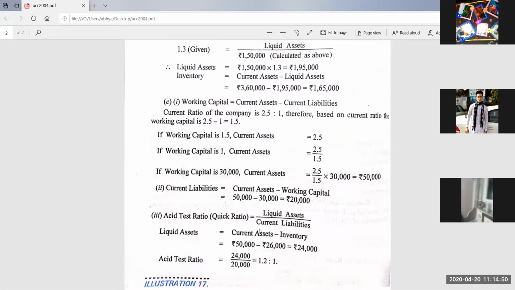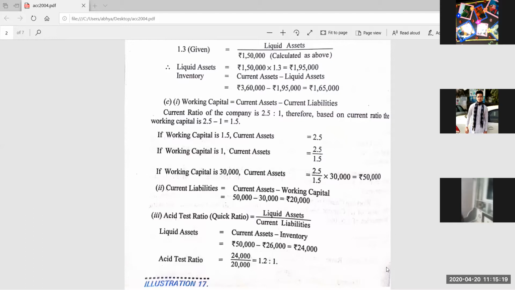Then current liabilities: again you have to use the working capital formula.